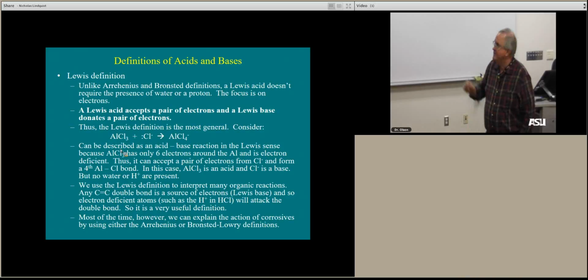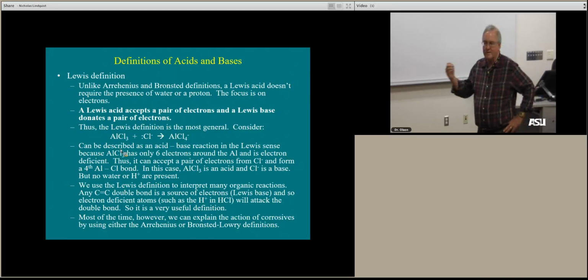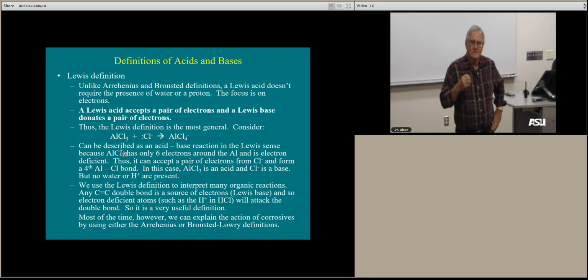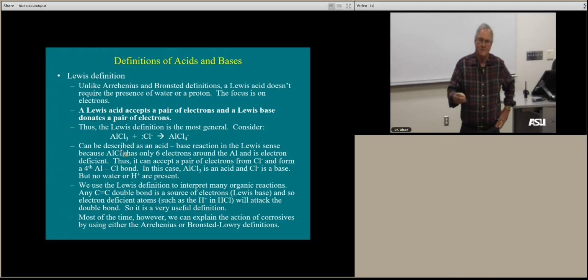And notice what the Lewis definition says. It doesn't talk about hydronium ions, doesn't even talk about protons. He says a Lewis acid is something that can accept a pair of electrons, and a Lewis base is something that can donate a pair of electrons.